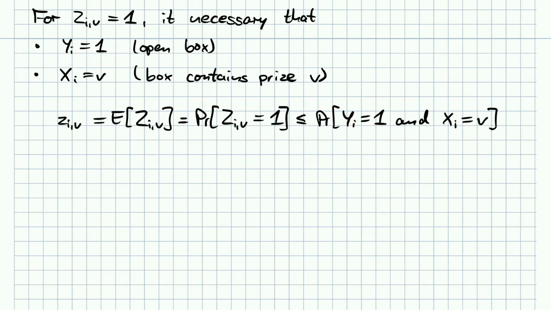The event that Y_i is equal to 1 and the event that X_i is equal to v have to be independent, because when we are opening box i, we don't know what's inside the box. No policy knows this, because it is still a policy, so those are independent events. We can instead write this as the product of these probabilities, and now this is small y_i times, and for this we earlier introduced the notation f_{i,v}.